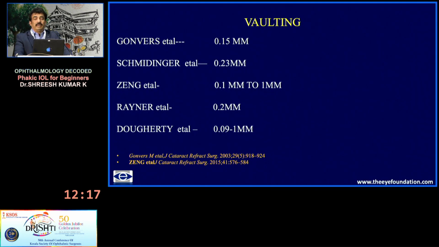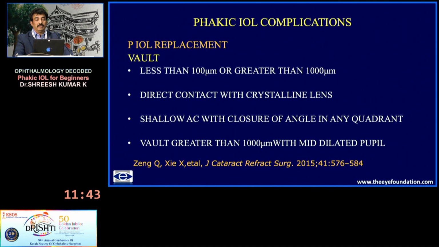Many authors have reported a range of values for the limits of safe vault, based on the likelihood that cataract or pupillary block may occur beyond that range. There are various studies. Many of these authors have suggested 150 microns to 1000 microns as the acceptable limit, but we suggest 250 microns to 750 microns is the ideal vault that should be aimed for.